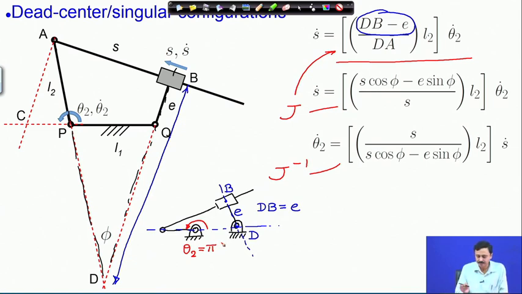There can be another configuration. Let me draw that.